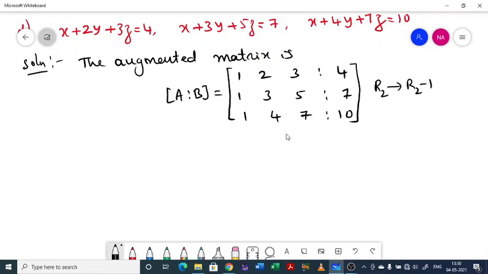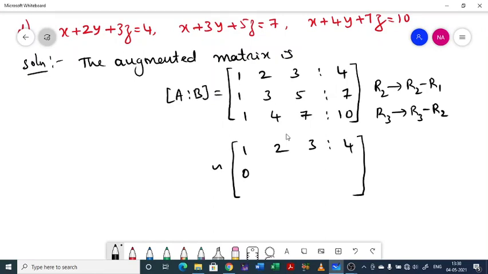R2 changes to R2 minus R1, R3 changes to R3 minus R2. Then it will be equivalent to 1, 2, 3 colon 4, 0, 1, 2 colon 3, 0, 2, 4 colon 6. Again R3 changes to R3 minus 2R2.